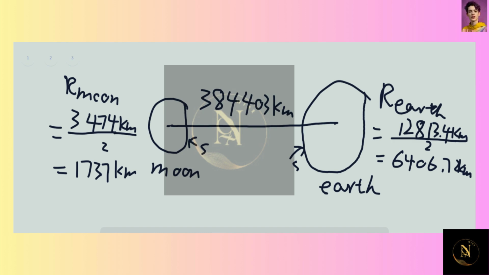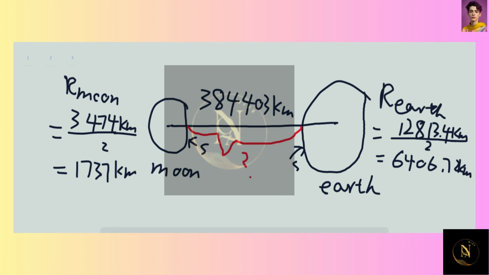The distance between the surface of the Moon and the Earth is simply the center-to-center distance minus the radius of the Moon and minus the radius of the Earth. Let me use the red color to illustrate the distance we need to measure, which is this part.